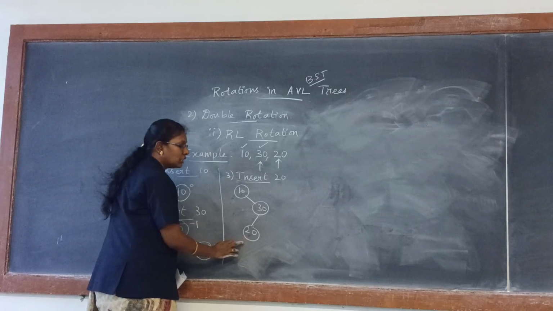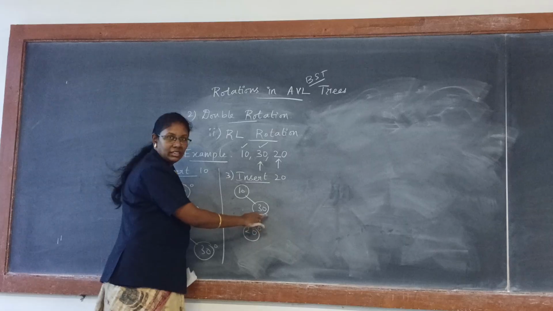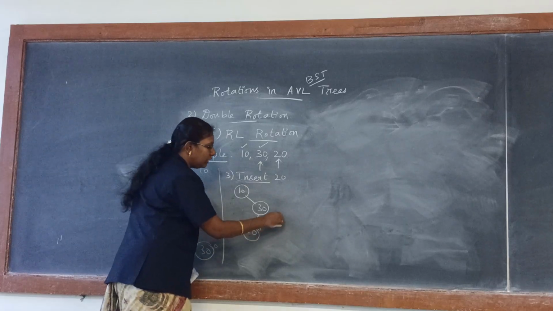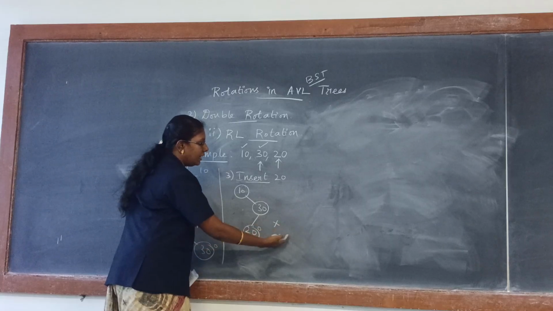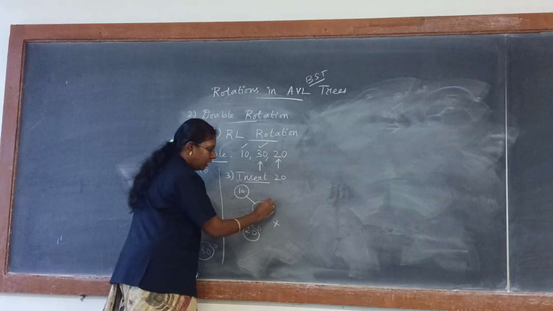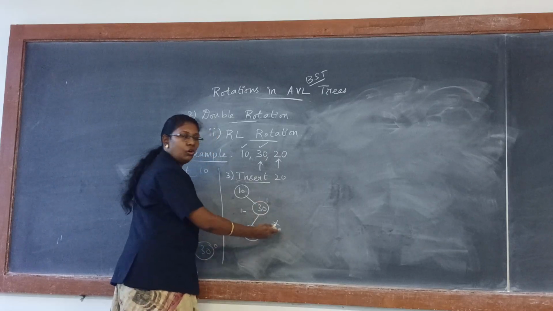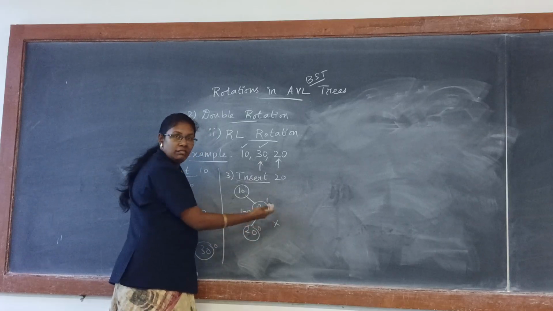So what is the balance factor? 20 is a leaf node, so the balance factor is 0 here. For 30, there is no left child at all, so that is 0, and the height of the left subtree is 1, minus there is no right subtree, so 0. 1 minus 0 is 1 here.